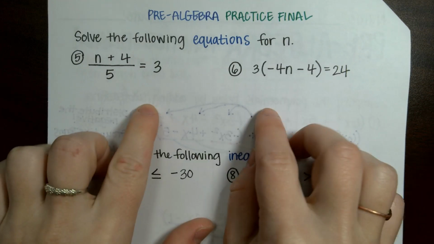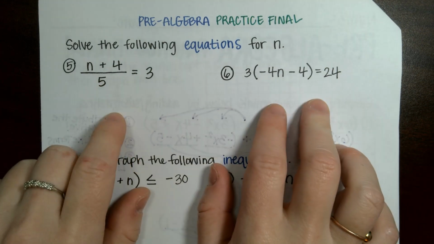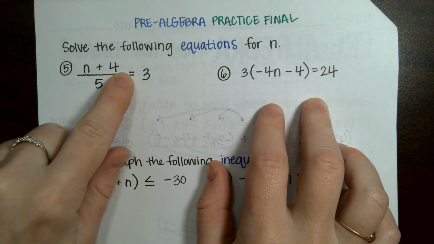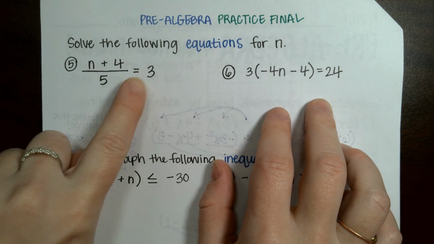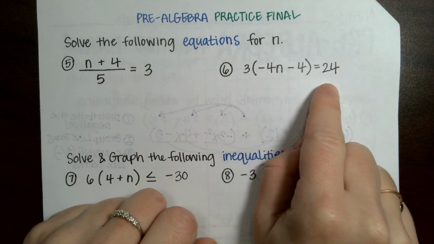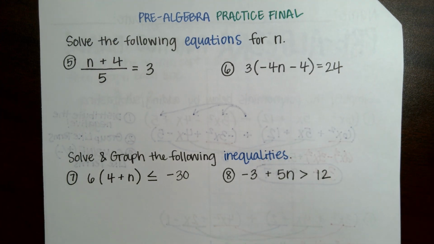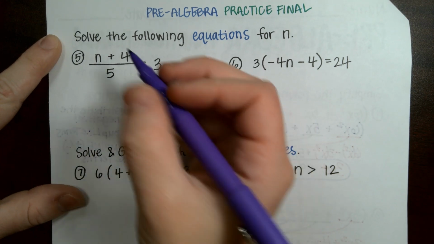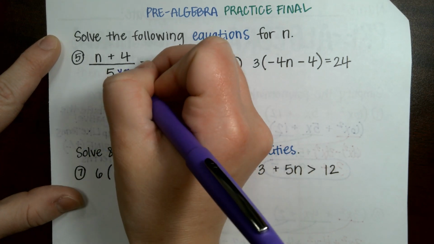We're going to have a couple more equations here. These are going to be the equations with our exceptions. Okay, I've got n plus 4, all of that being divided by 5 equals 3. And then my next one, I've got a distribution problem. Let's look at number 5 first. What do I need to do here to begin? Yes, I need to multiply by 5.